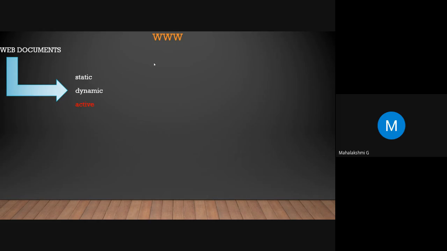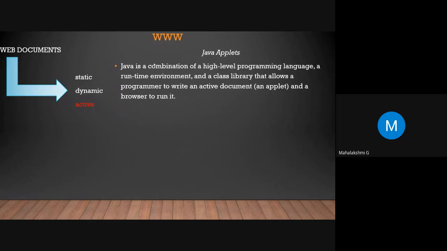One way to create an active document is to use Java applets. Java is a combination of a high-level programming language, a runtime environment, and a class library that allows a programmer to write active documents and a browser to run them.